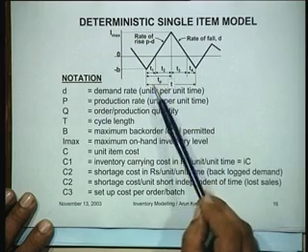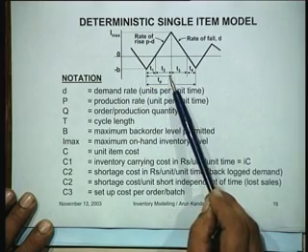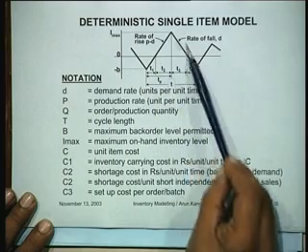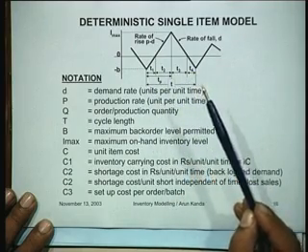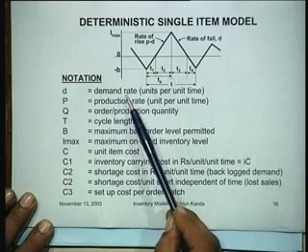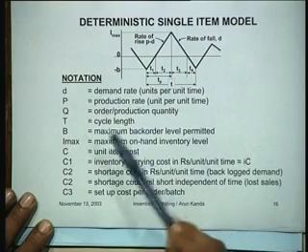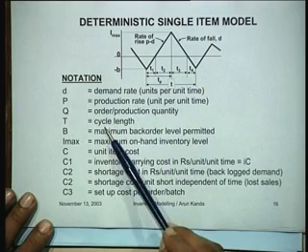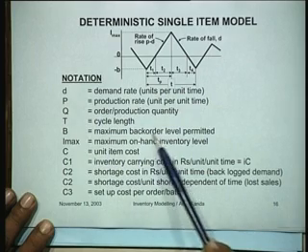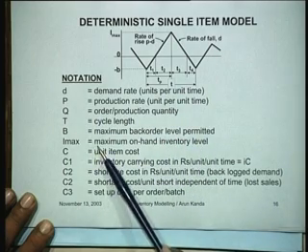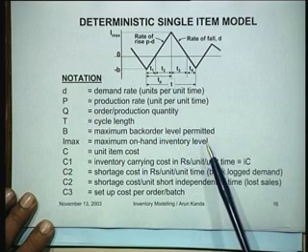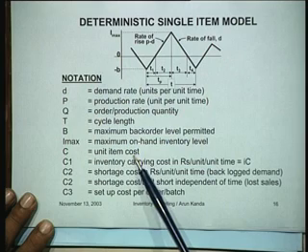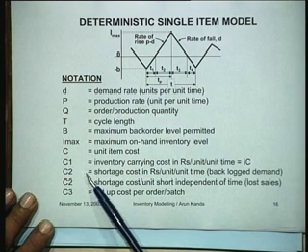T1 and T2 together are the time of production, TP, and capital T is the time of the entire cycle. So we take this notation: D for the demand rate, P for the production rate, Q for the order or production quantity, T for the cycle length, B for the maximum back order level permitted, I max for the maximum on hand inventory level, C is the usual unit cost, and C1, C2, C3.